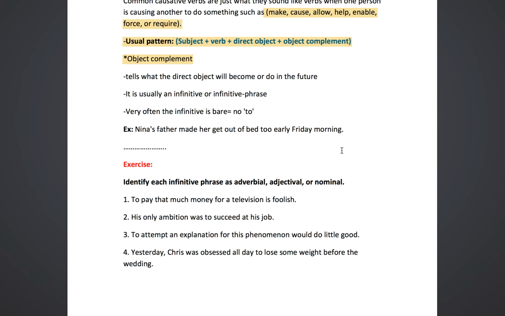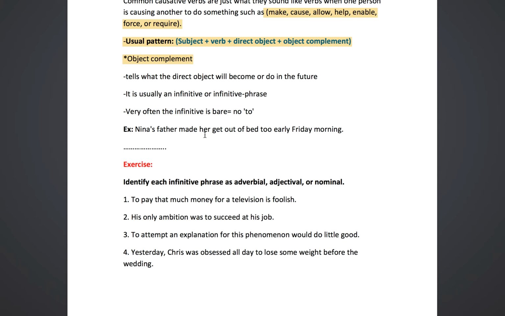Here is one example: Nina's father made her get out of bed too early Friday morning. Here we have the subject and the verb, and after the verb we have made, which is the past form of make. Made needs an object to complete its meaning. Made her. Made her what?